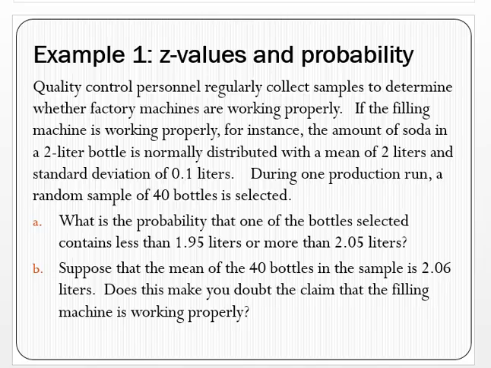During one production, a random sample of, say, 4 bottles is selected, and I'm going to have to adjust these questions because I worked a different, similar question, but I'll go through it when we get to the example. So here's example 1, question A.